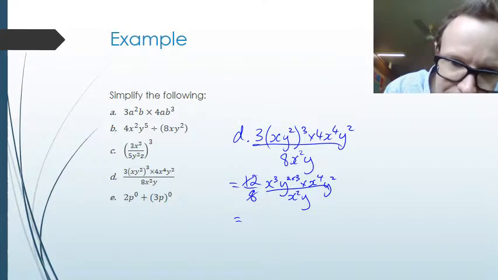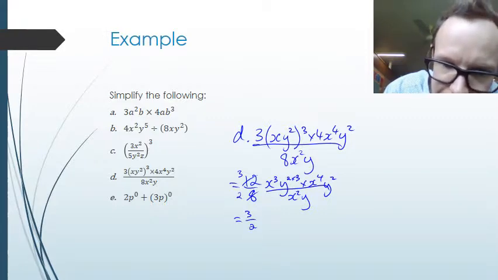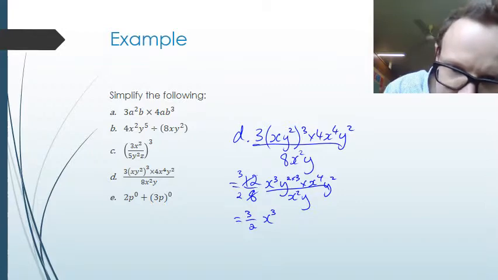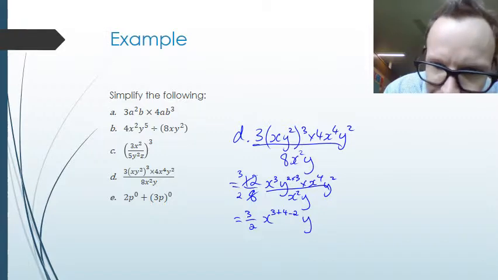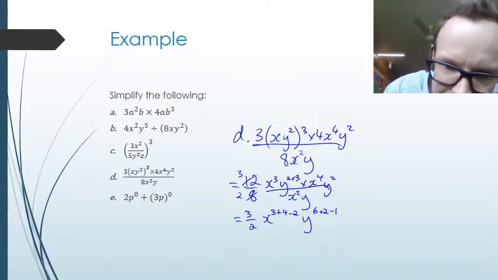I can simplify this now, divide top and the bottom by 4, and I'm left with 3 over 2. So left with 3 over 2 here, and if I combine the x, I've got cubed plus 4 minus 2, and then the y's, I've got 6 plus 2 minus 1.